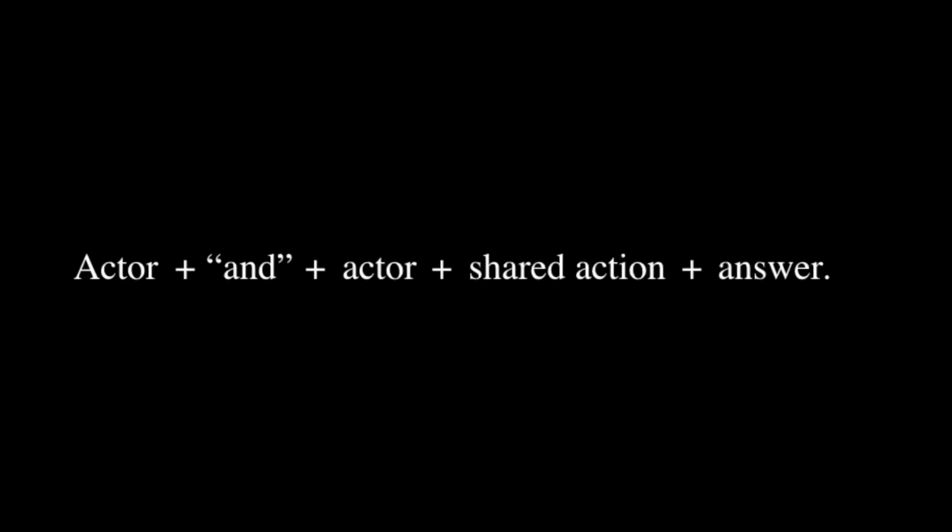In this next example, we're going to get a little bit more complicated. This time, instead of having one actor, we're going to have two actors. So we'll have actor plus the conjunction and, most likely, plus another actor. Those two actors are going to be sharing an action, and then we'll provide at least one answer. So our first actor is going to be Jim.